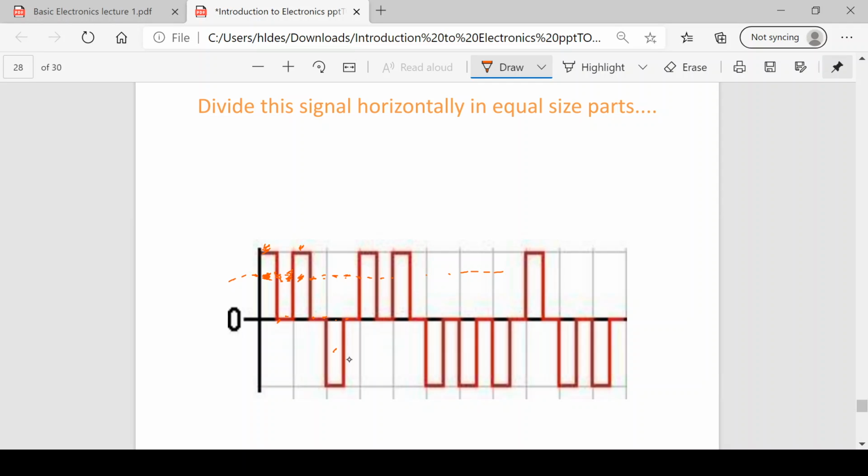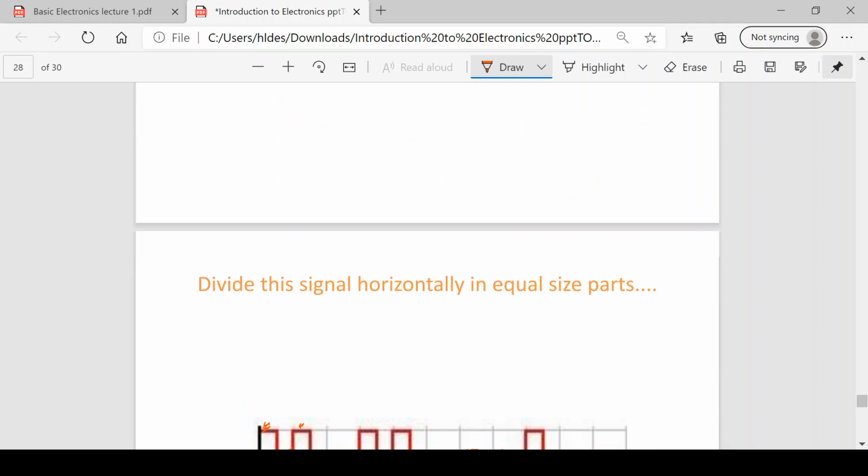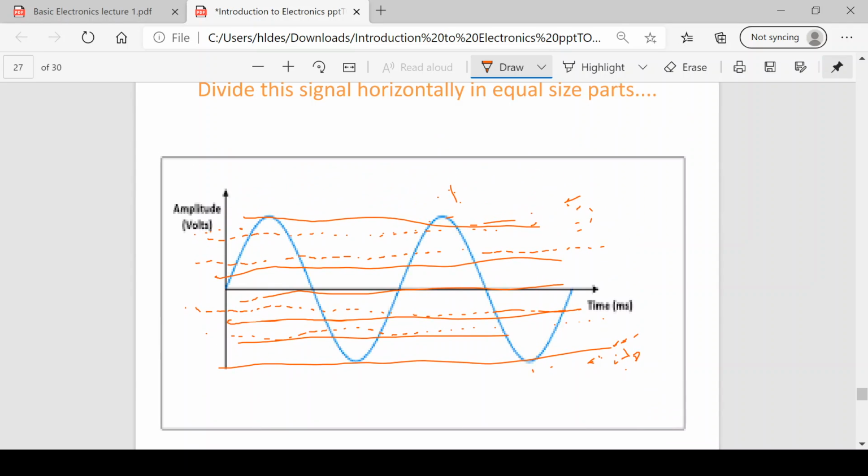So that means wherever you draw the line, the signal shows only two levels, either high or low. That means this signal has only two levels, or you can say finite levels. Whereas in this signal, if you draw a line anywhere, it will have a different value.